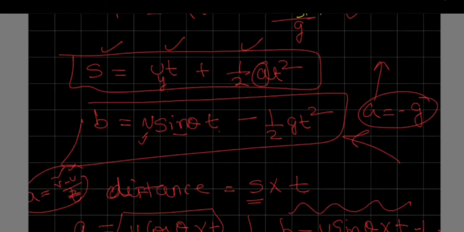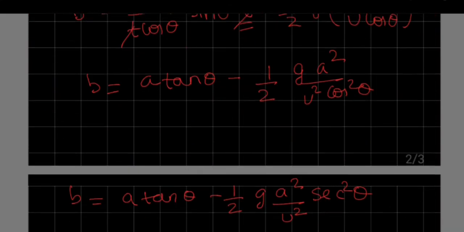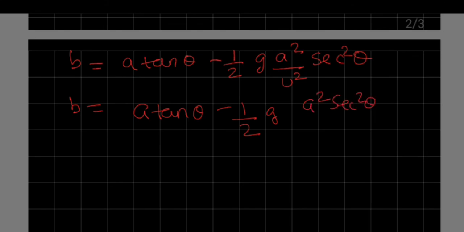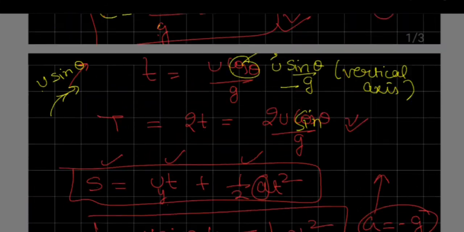We can substitute this value here. So we have b equals a tan theta minus half g a square by u square. So substitute that value: a tan theta minus half g a square sec square theta.